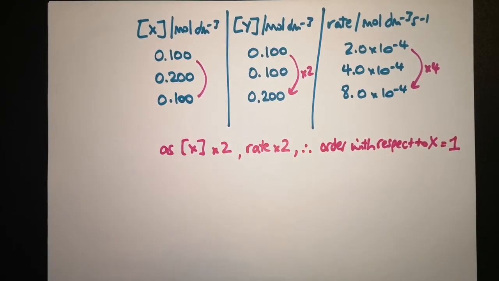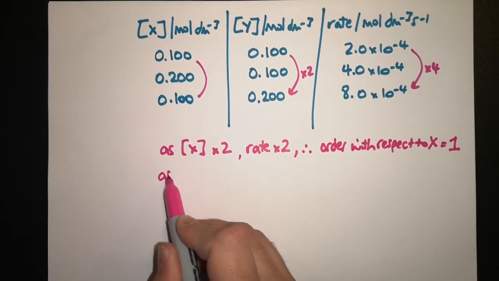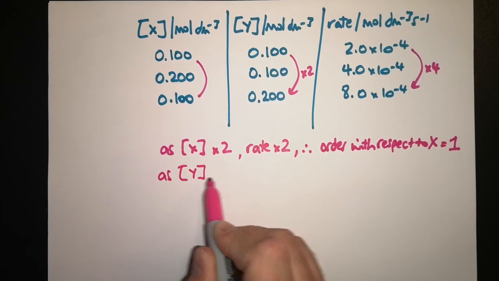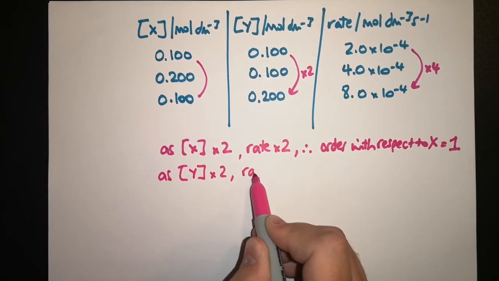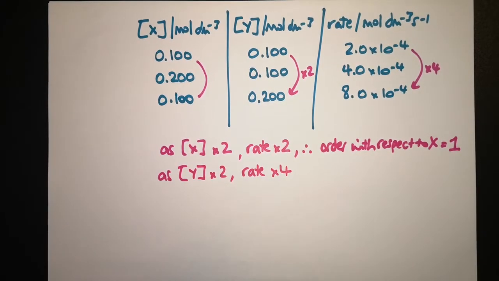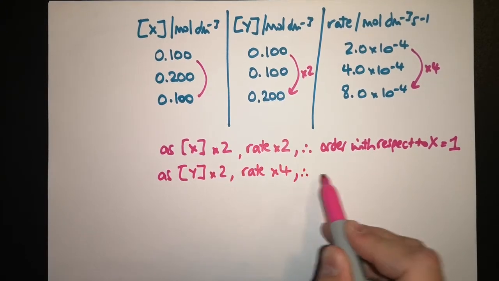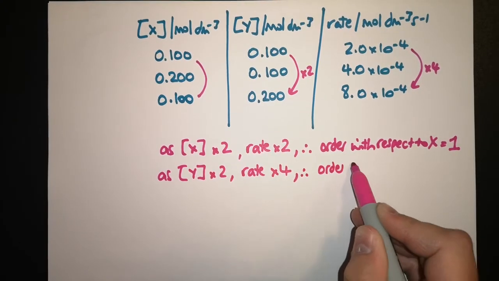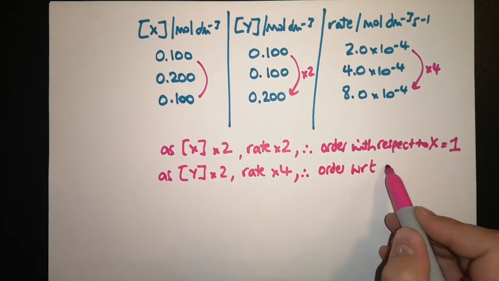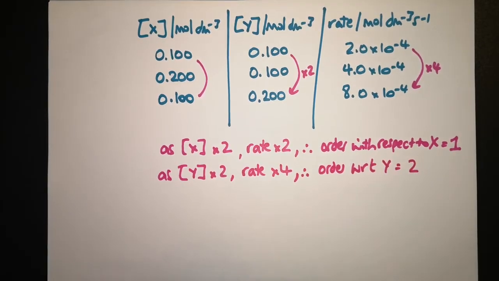It's first order. As the concentration of Y doubles, the rate multiplies by 4. Therefore, the order with respect to Y equals 2. We can sometimes use WRT as a shorthand for with respect to.